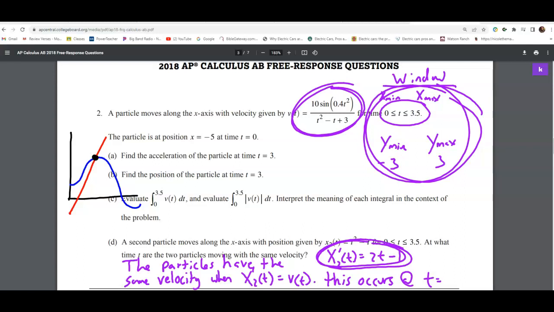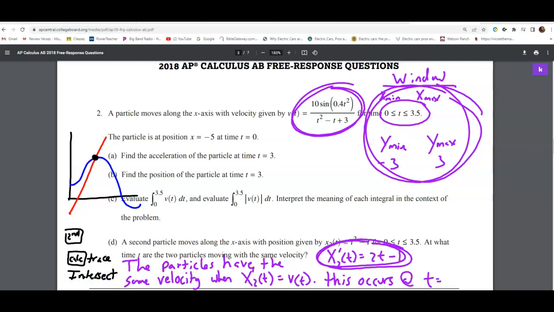So how do you do that? You're going to press second, then you're going to choose the Calc button, which is trace also, by the way. And then you're going to choose the option where it says intersect.